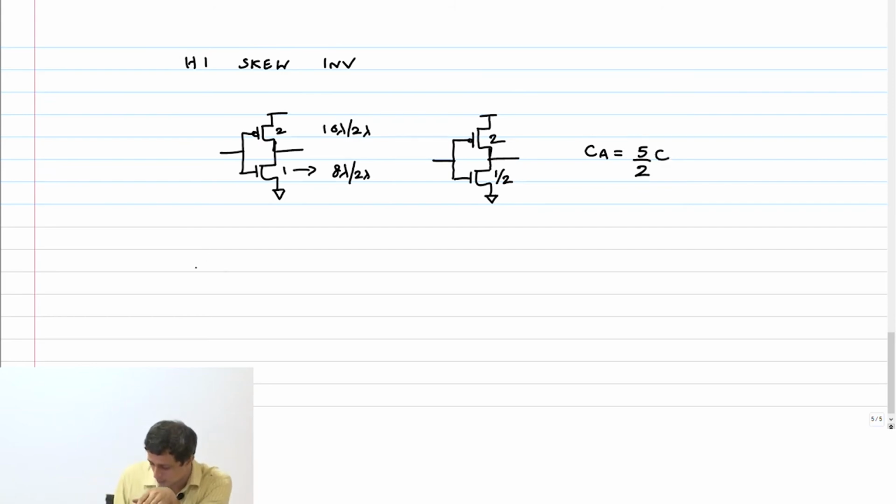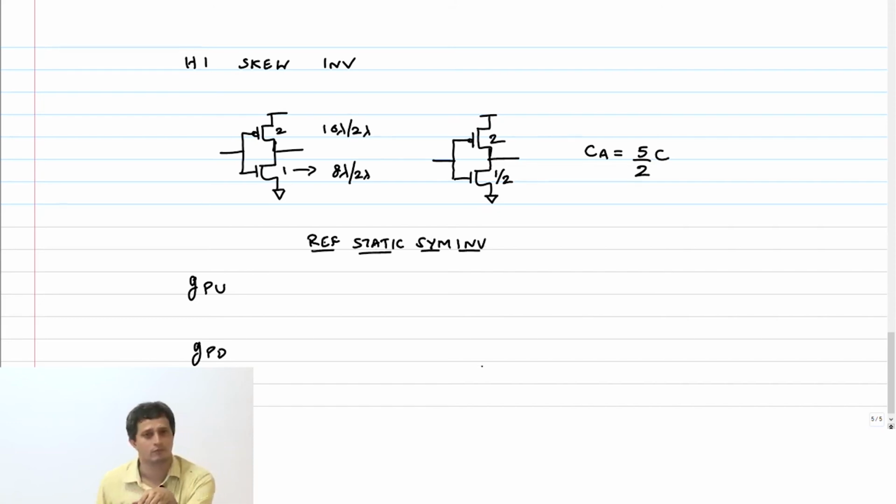Now I am going to calculate the logical effort of pull up and the logical effort of pull down. This is my reference static symmetric inverter. I'm going to construct these two things.